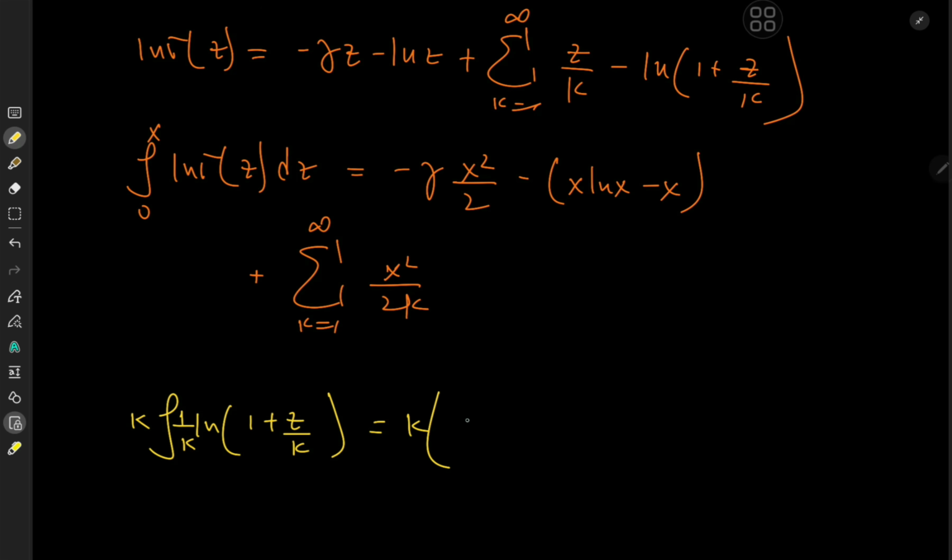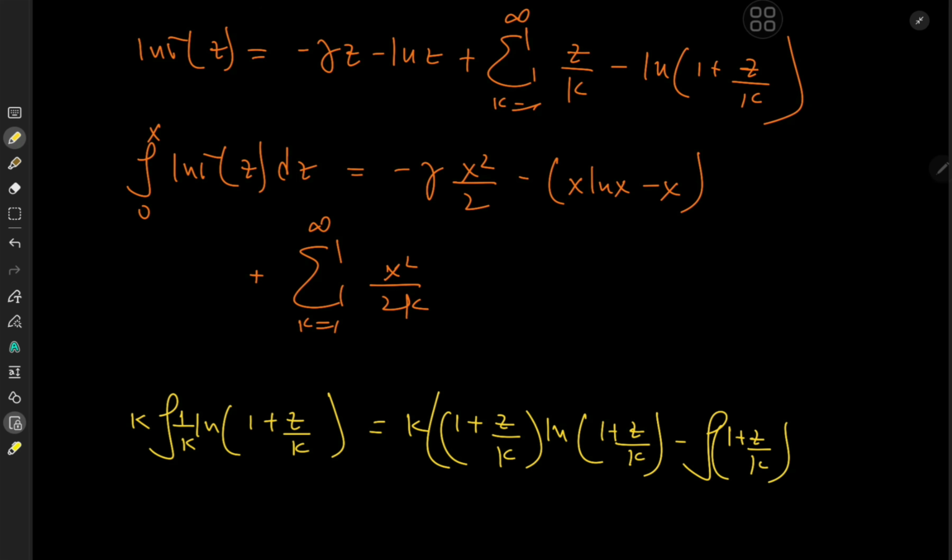So integrating by parts gives us (1 plus z over k) times log(1 plus z over k) minus the integral of (1 plus z over k) times the derivative of the logarithm, that is 1 over (1 plus z over k), times 1 over k because of the chain rule.